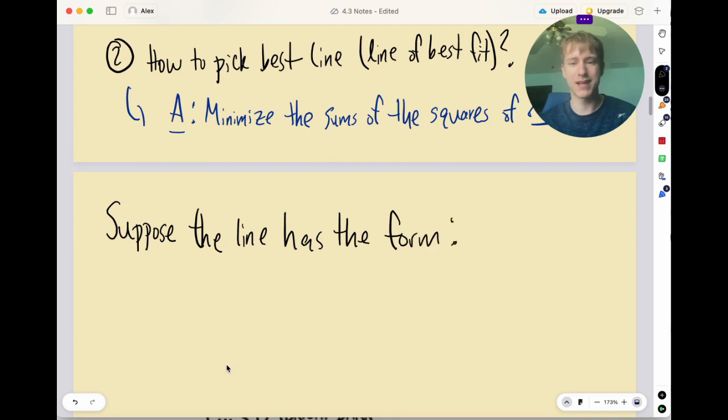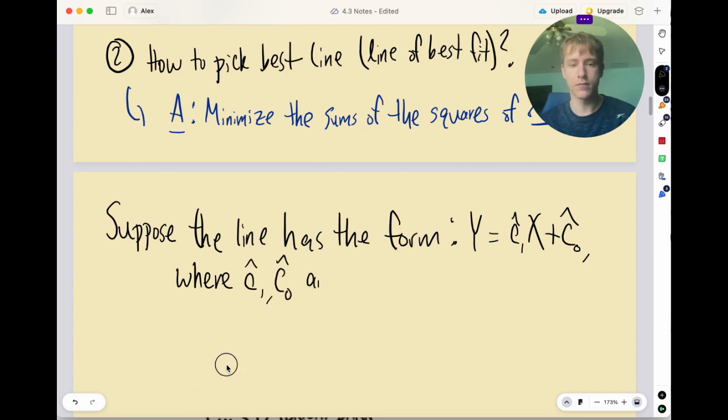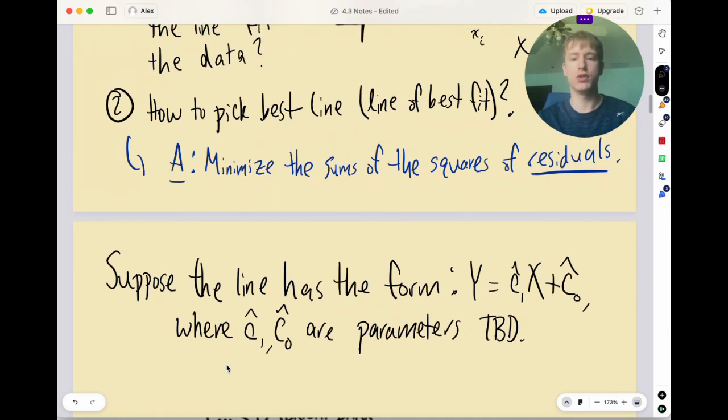We're going to assume that it takes the form y equals c1 hat x plus c0 hat, where c1 hat and c0 hat are parameters that we're trying to find, to be determined.